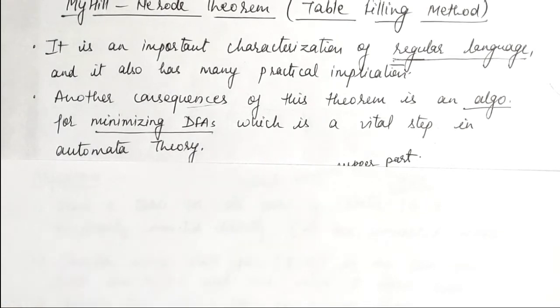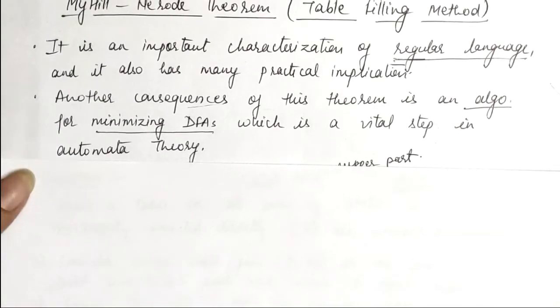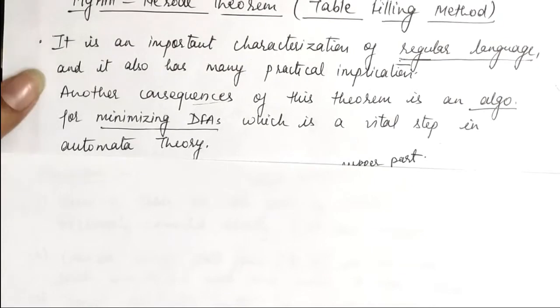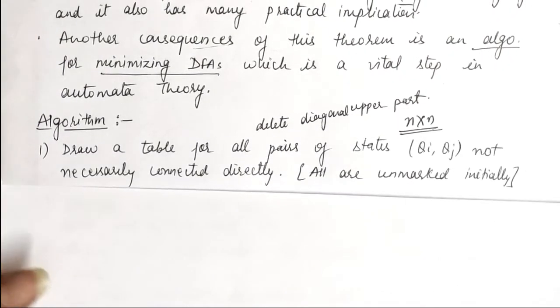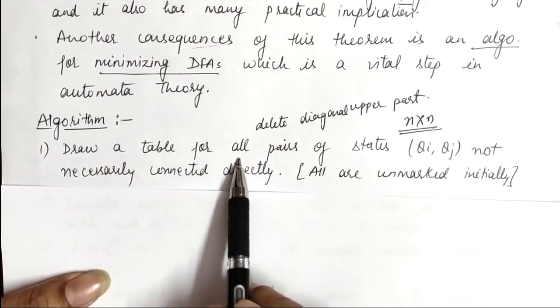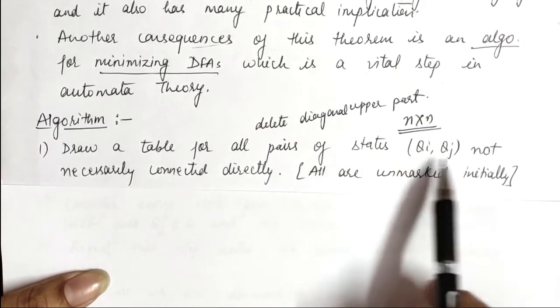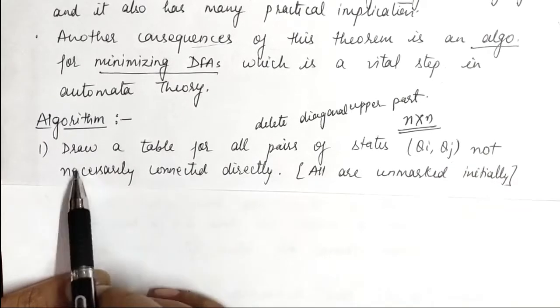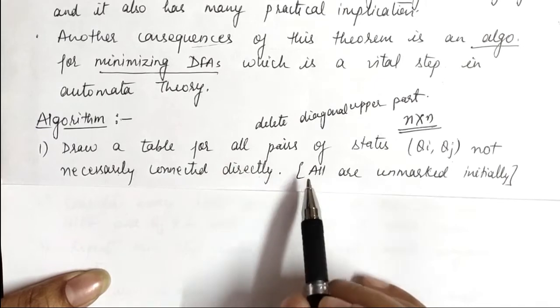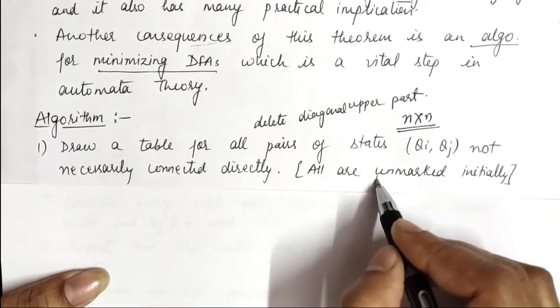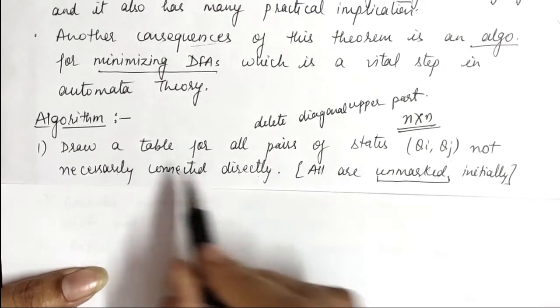The partitioning method is the one in which we minimize a DFA which contains a single final state. Now there are some steps for this theorem, that is the table filling method. The first step is that we draw a table for all pairs of states Qi and Qj, not necessarily connected directly, and initially we unmark all.